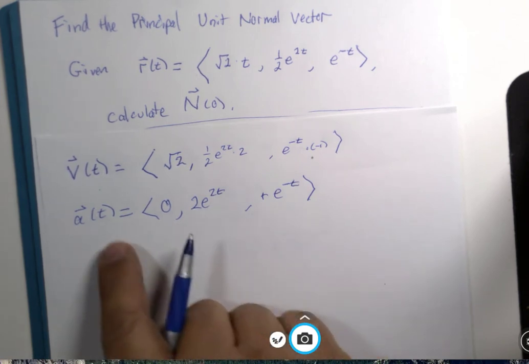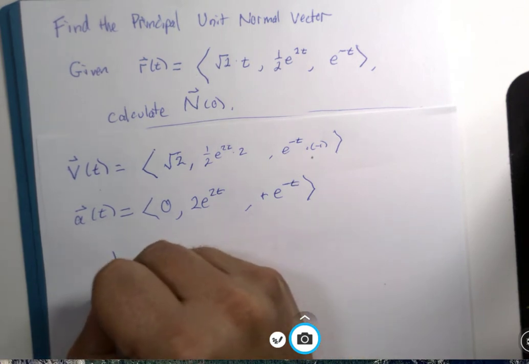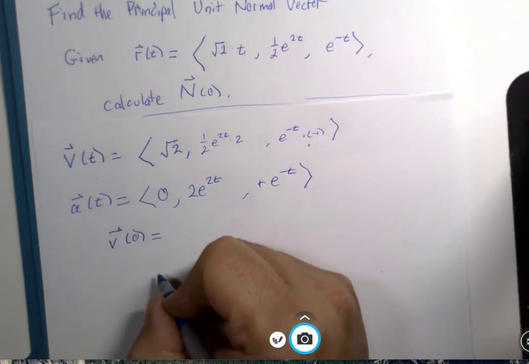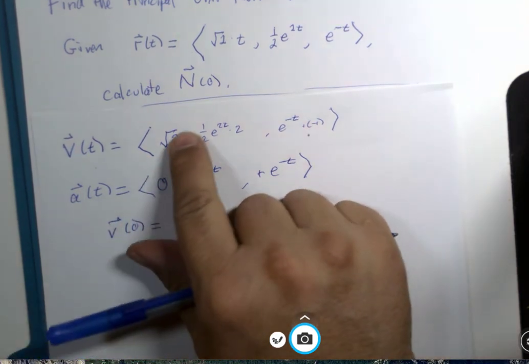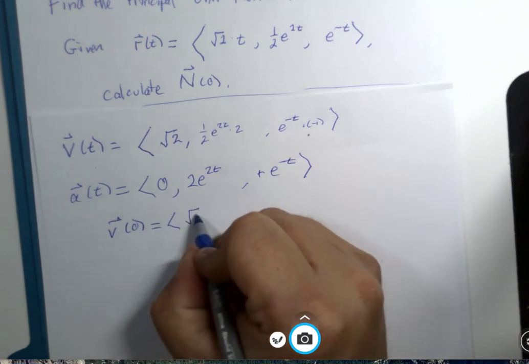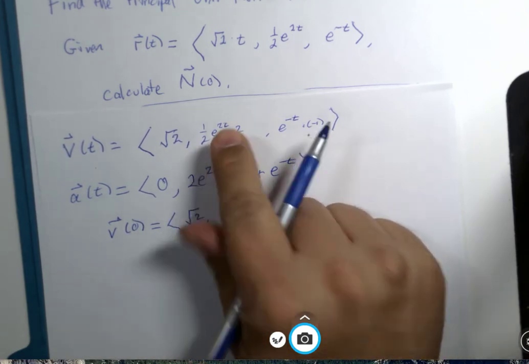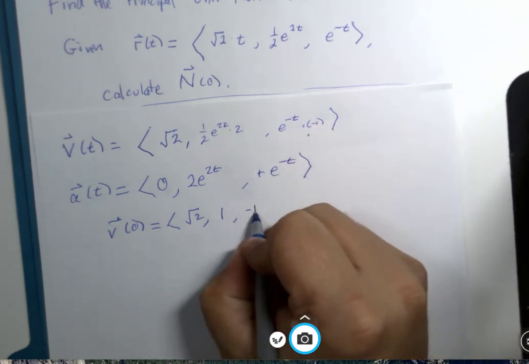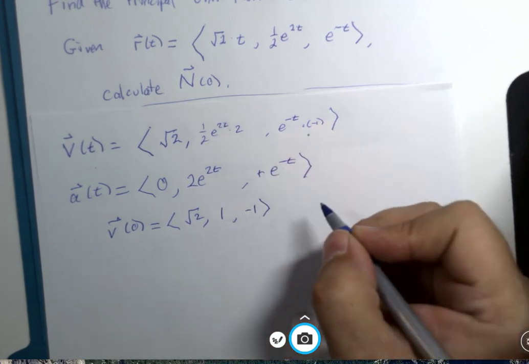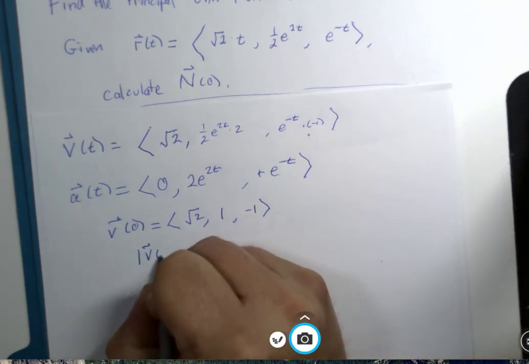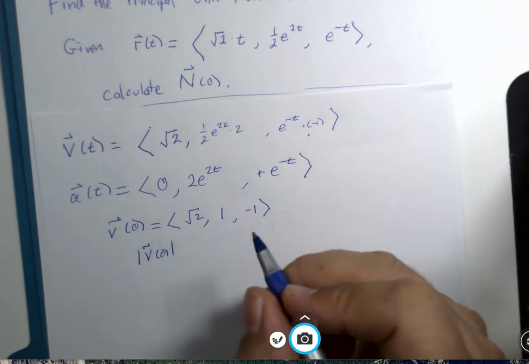We will need to know what we get if we substitute 0 into each of these. So let's do that. Velocity at time 0 is root 2, e to the 0 power is 1, and this will be negative 1. I believe we need the magnitude of the velocity vector in one of those numerous formulas.